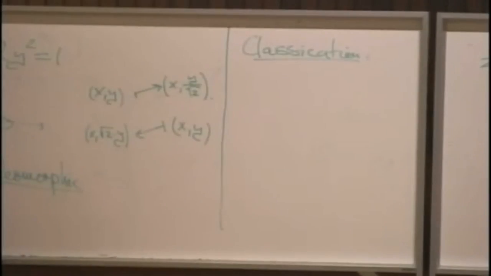It's like classification in the rest of science. If you want to classify, I don't know, animals, you don't want to say there's a dog there, and there's a dog there, and there's a cat there, and there's another cat. You want to say what are the types of animals you can have. There's cats and dogs and etc. You can ask the same question for manifolds.